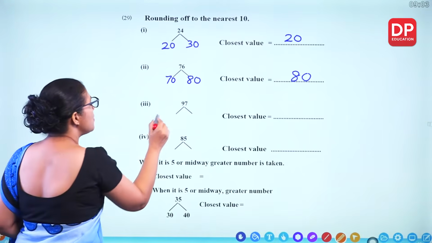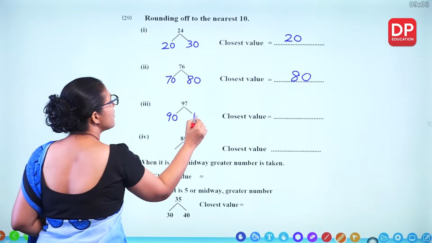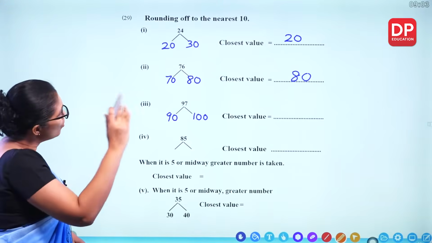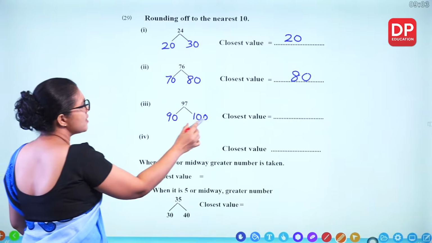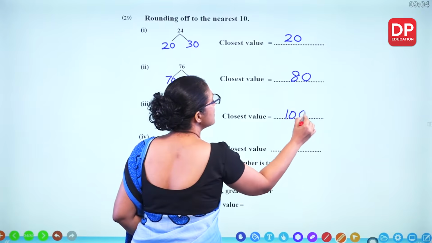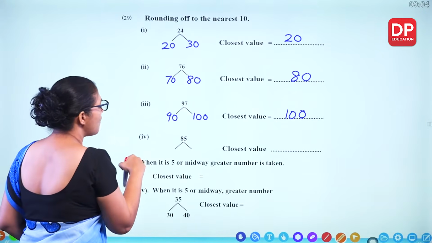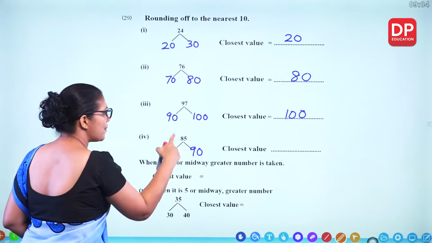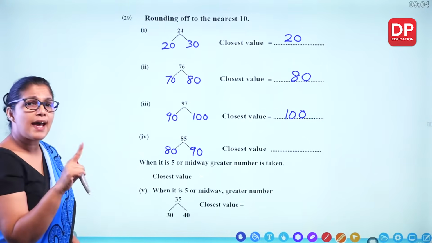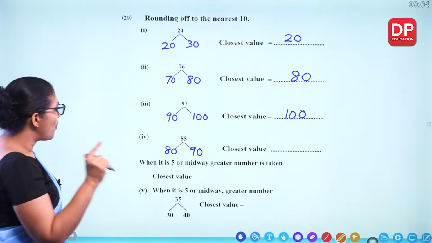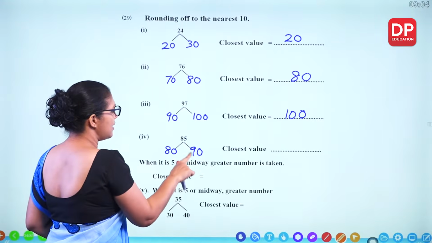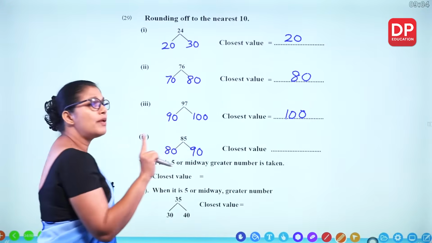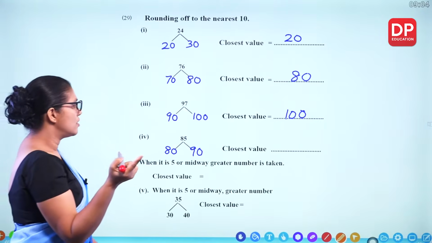97 is in between 90 and 100. Again, the middle value is 95, so it is towards the 100 side. So what's the closest value? This is 100. Now 85, between 80 and 90. Now what happens? This is exactly in the middle. When you get the middle one, normally we take the larger.